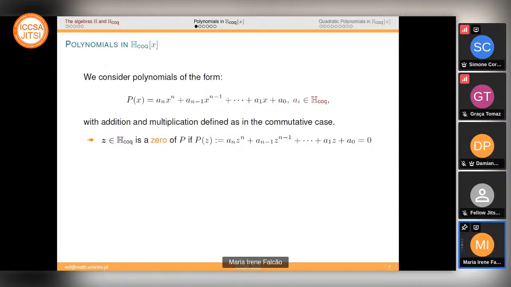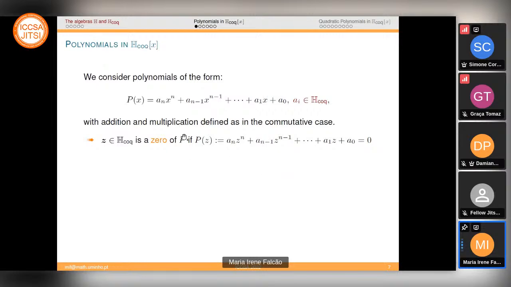I mean, not general, they are unilateral polynomials, but of general degree. So we started studying such polynomials where the coefficients are located on one side of the polynomials. In this case, we are using left polynomials, but the coefficients can also be located on the right. It's exactly the same. And the addition and multiplication are defined as in the complex case.